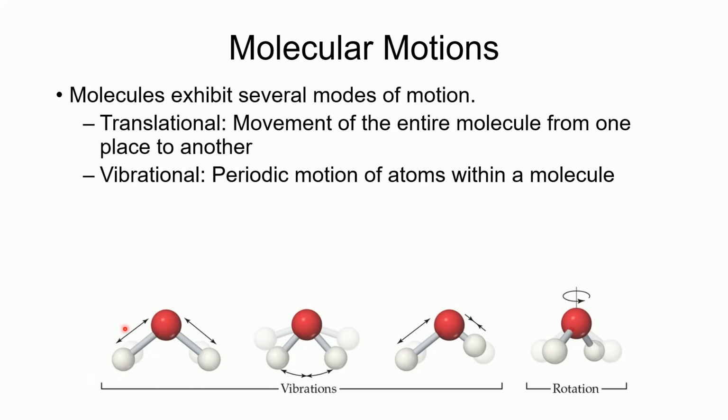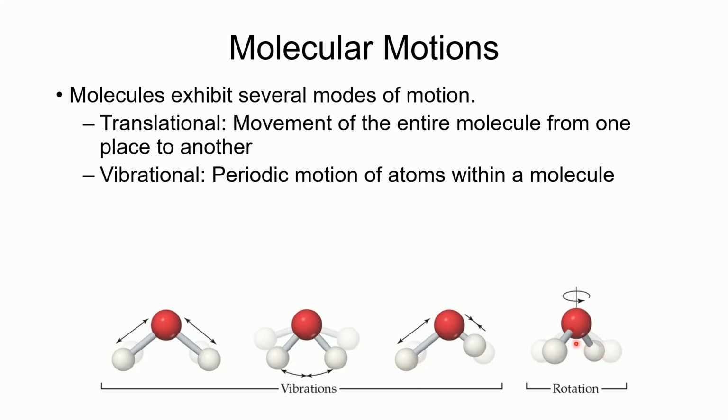When you have something that is a spring like that, you can store energy in that vibrating motion. You can also store energy by having the bonds actually bend, and we call this a bending motion. We also have what's called asymmetric stretching, so that's just another way we can do this. And, for water, that's all the possibilities, but for other molecules, there may be more possibilities and therefore more microstates.